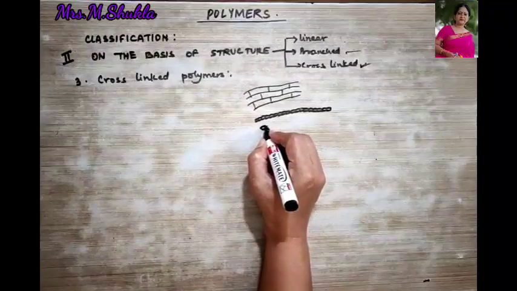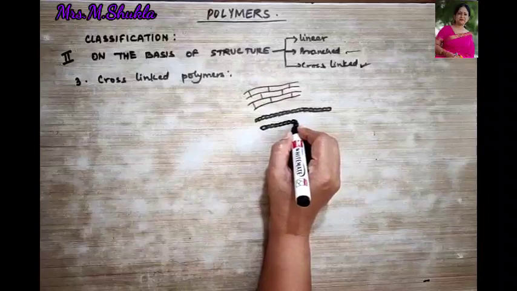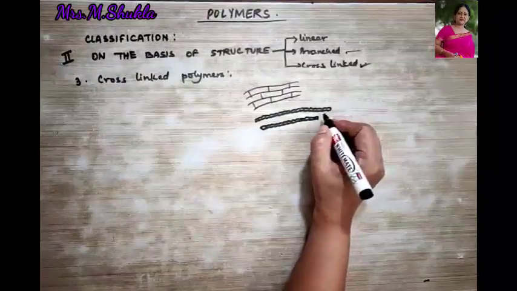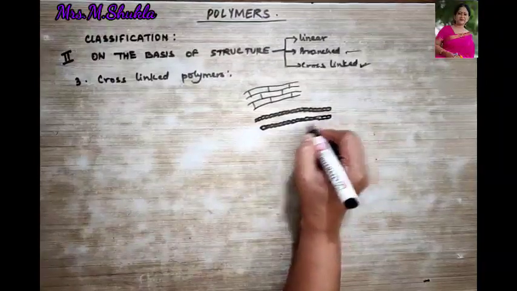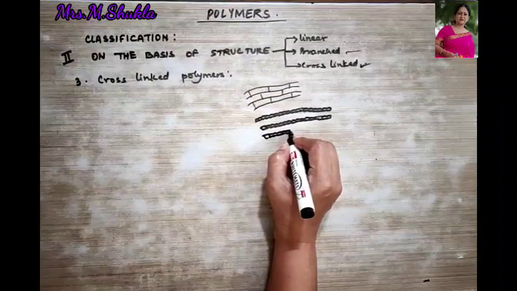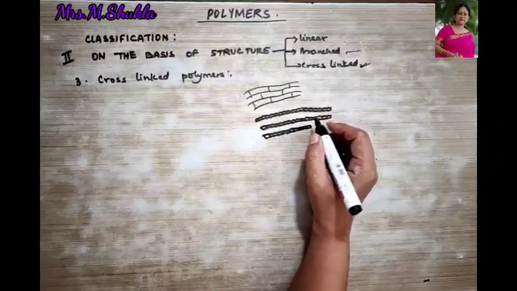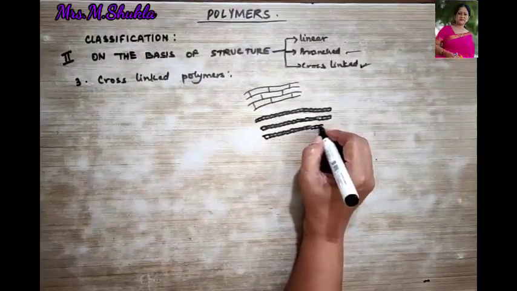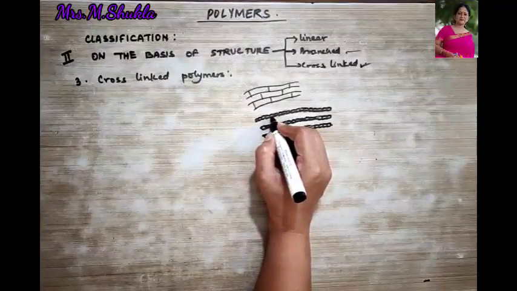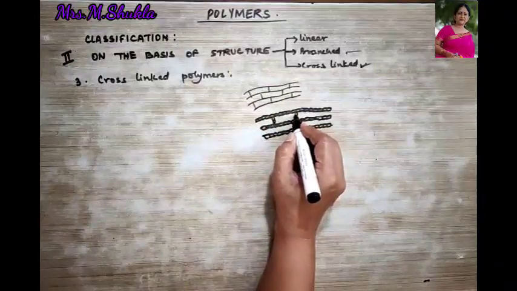Okay, let me first draw the three chains and then they are hard, they are brittle, then here they are attached from here, okay, as I have shown you in between.